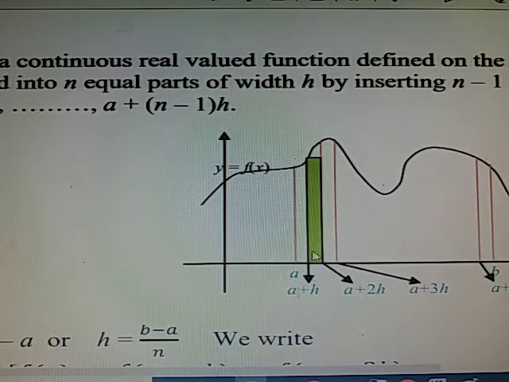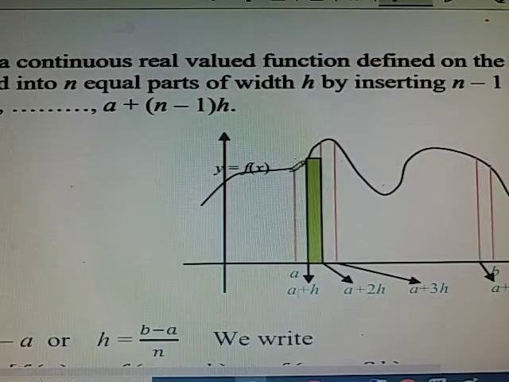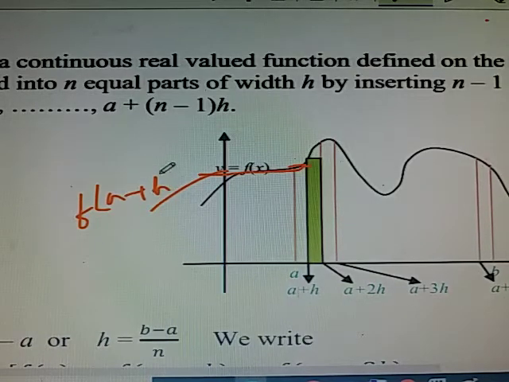When it is a plus h, it goes up to this length, because we are measuring f(x) on the y-axis. So this is f(a), this point is f of a plus h, and this portion is f of a plus twice h.